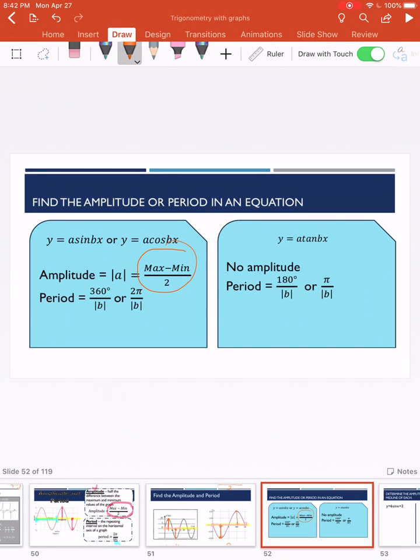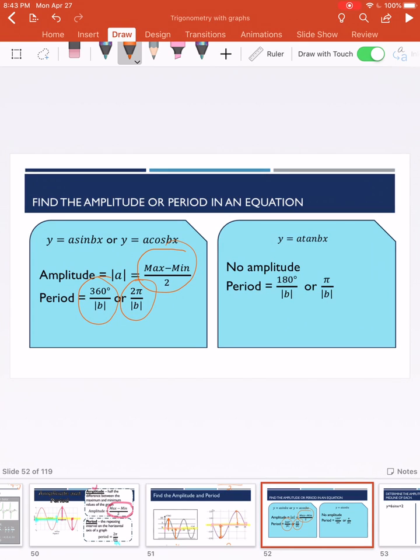Instead of period equaling 2 pi over b, if you're dealing with a graph in degrees, you'll see 360 degrees over b. Generally, most of the graphs we will be looking at will be in radians, not degrees. So if you were graphing in degrees, instead of going to 2 pi, you would set your x max and x min to 360 or negative 360.